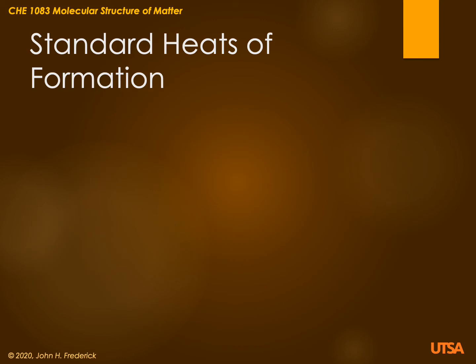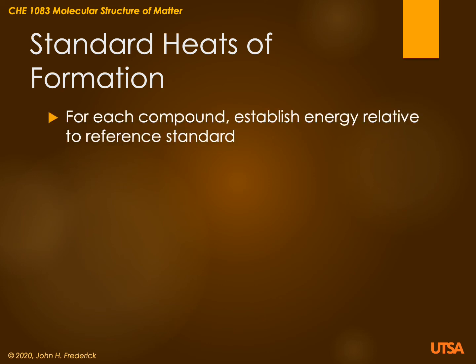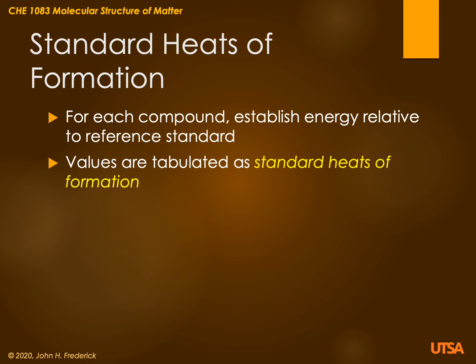So here is where we're going to introduce a new piece of data that can be tabulated, and that is the standard heats of formation. For each compound, we're going to establish its energy relative to this reference standard. That energy relative to the reference standard is something we call the heat of formation. And since the standard is measured at standard temperature and pressure conditions, we call these standard heats of formation.